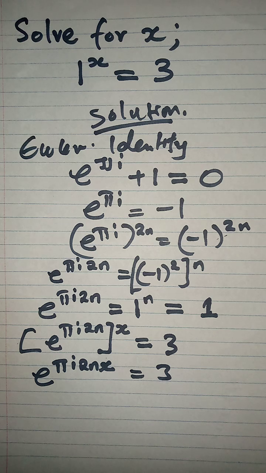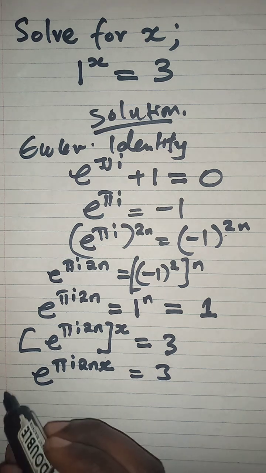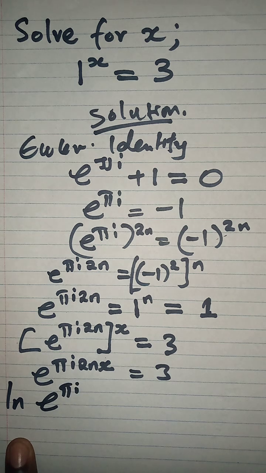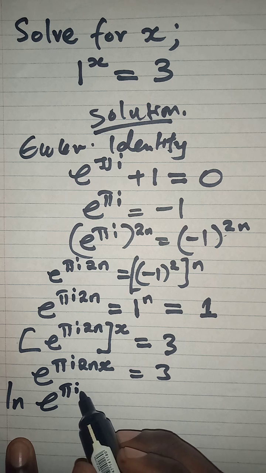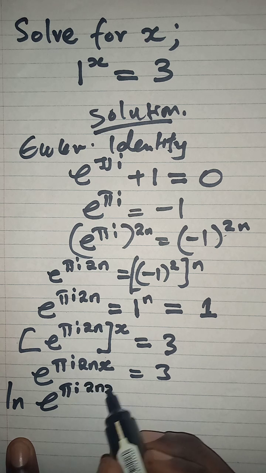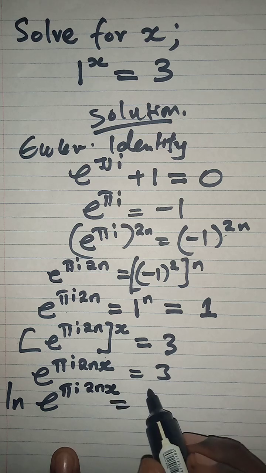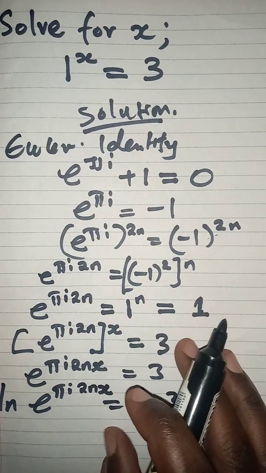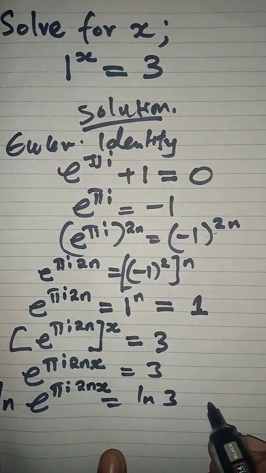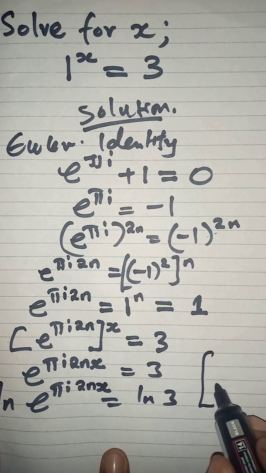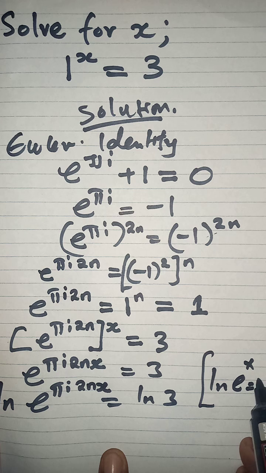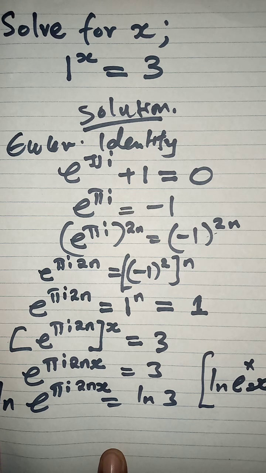I'm going to introduce the natural log on both sides: natural log of exponential raised to power pi i 2n multiplied by x is equal to the natural log of 3. You need to remember that when you have a natural log of an exponential function of x, this is obviously equal to x.